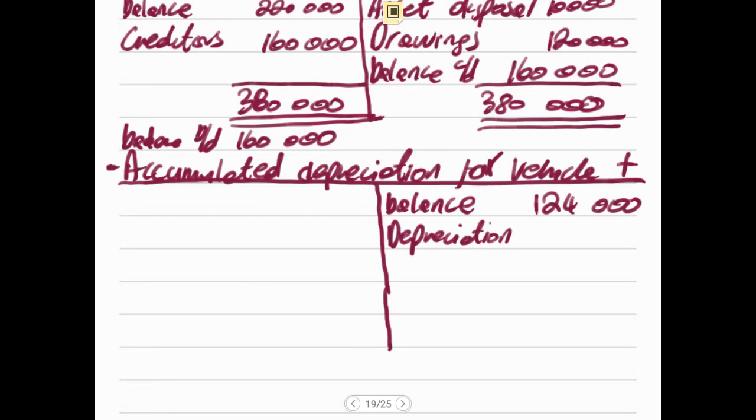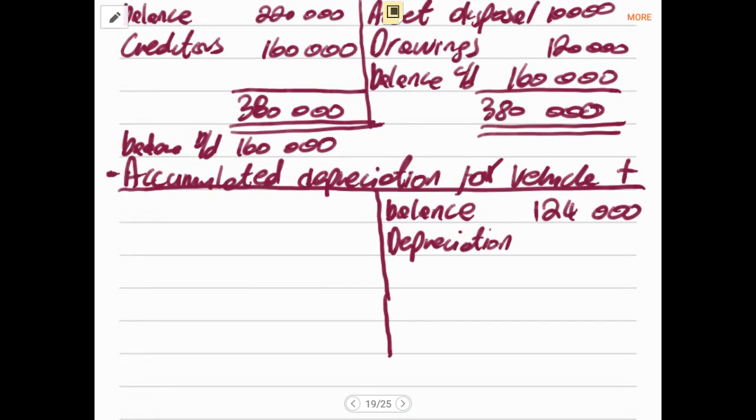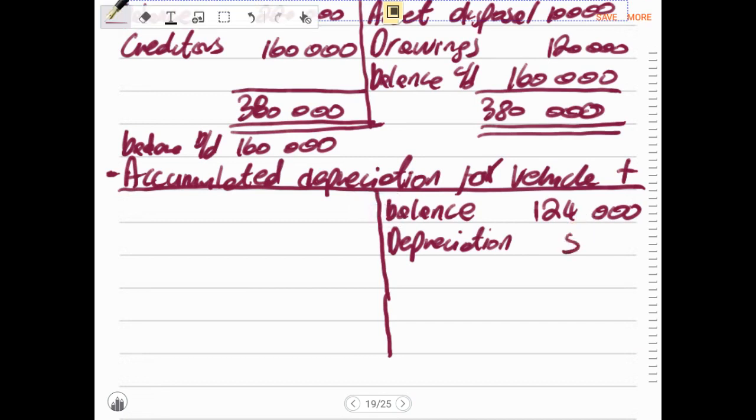So now we only have to record them separately. We start with the depreciation for motor vehicle A, which is an amount of 5,000 rands, and we record 5,000 rands.